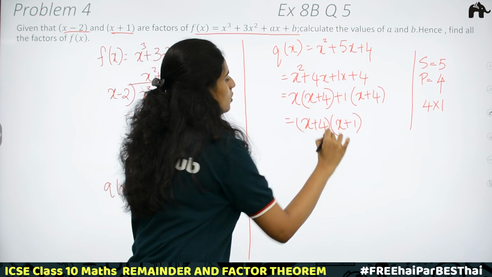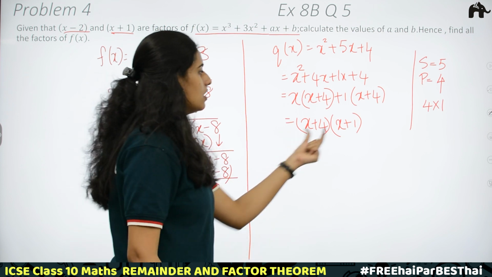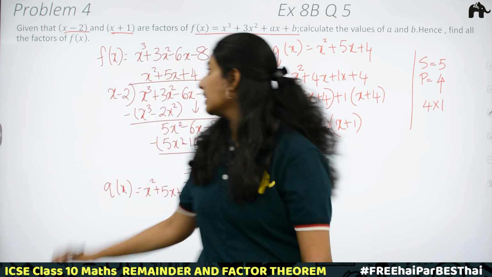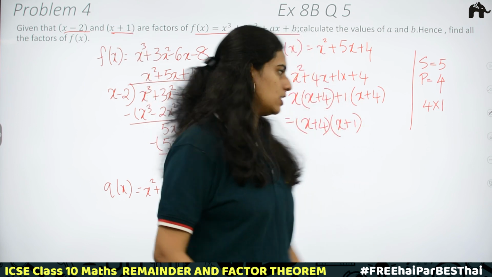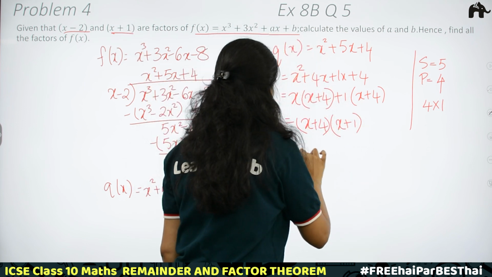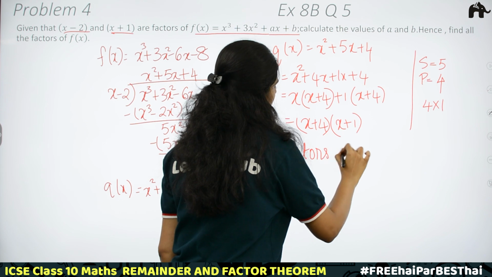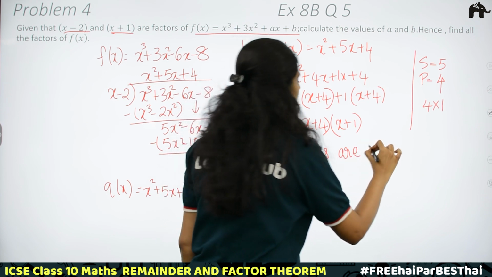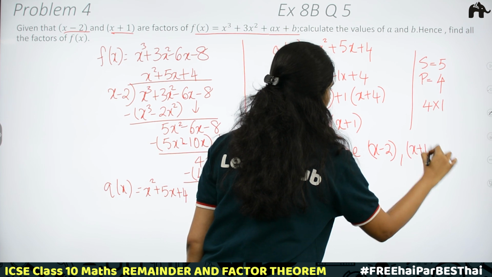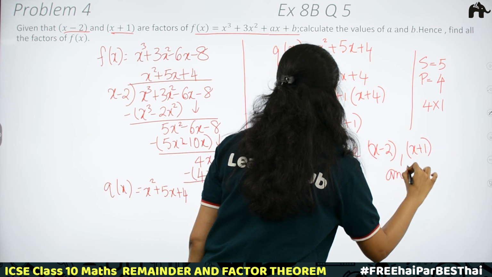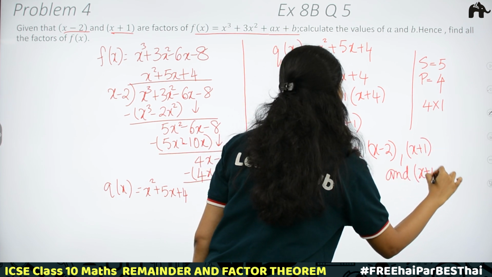X plus 4 into x plus 1. These are two factors and the first factor is x minus 2. X plus 1 is already there in the question. Therefore, the factors are first x minus 2, second x plus 1 and third x plus 4.